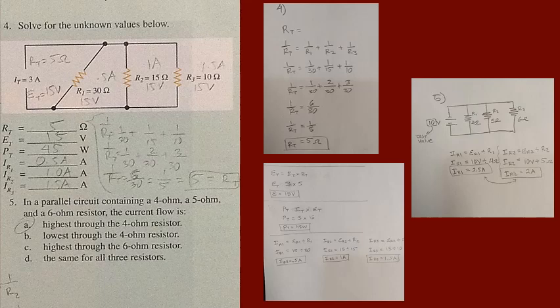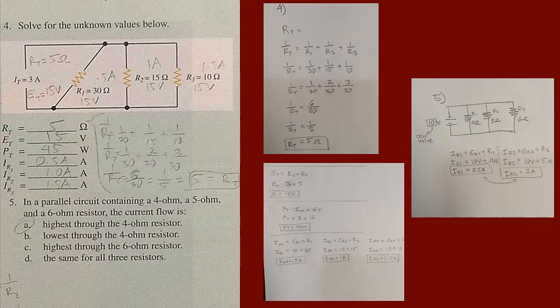Let's plug in the same 10 volts as the voltage drop at R2 to get the current at R2. So 10 volts divided by 5 ohms equals 2 amps. So we have a higher value resistor at R2, and we get a lower current of 2 amps.